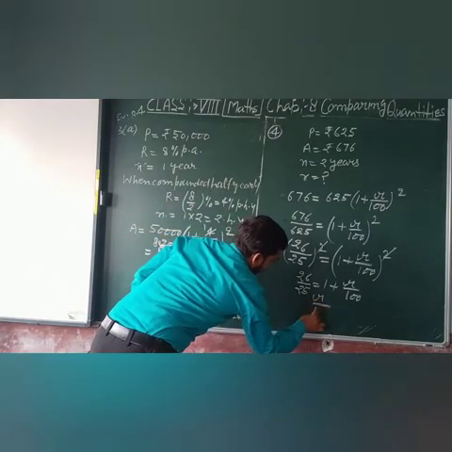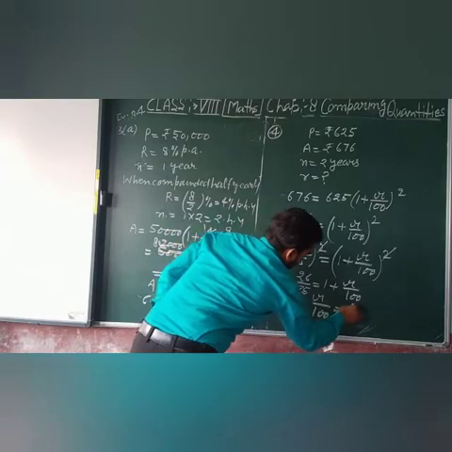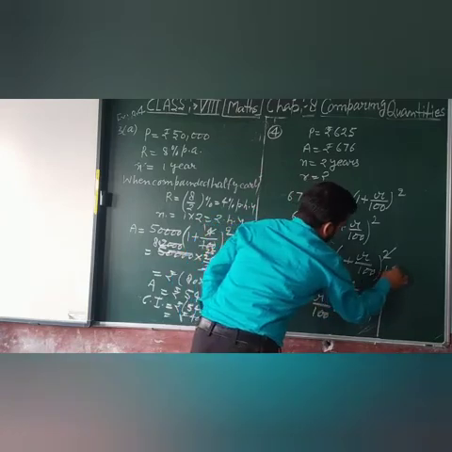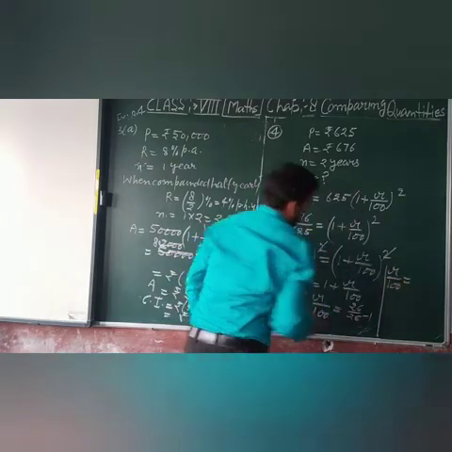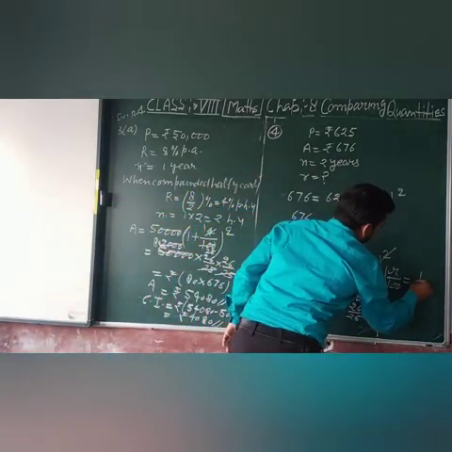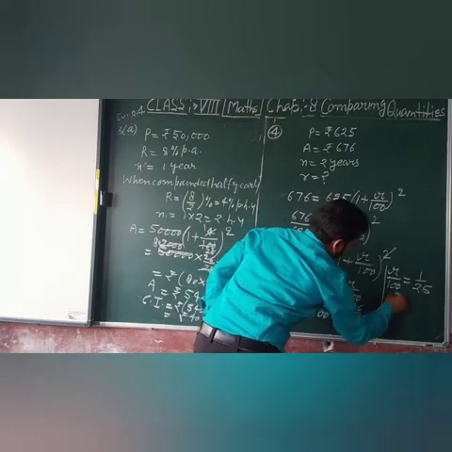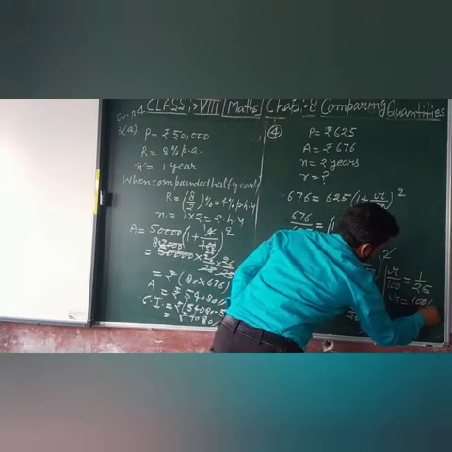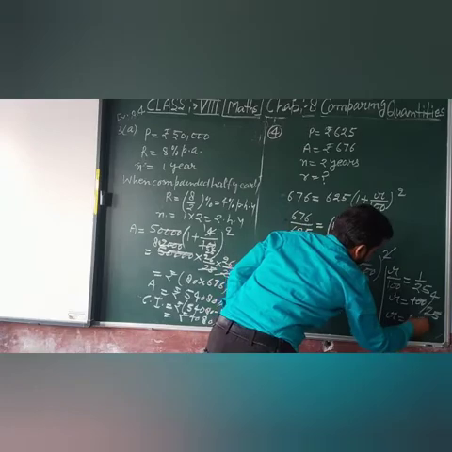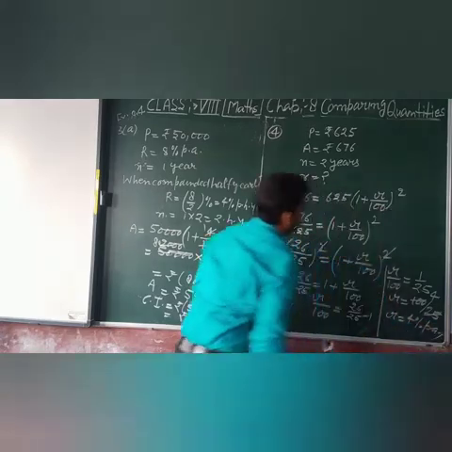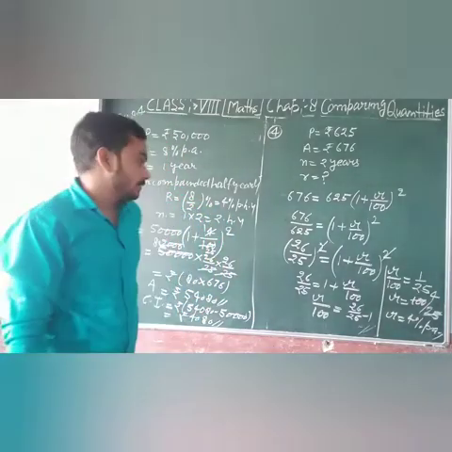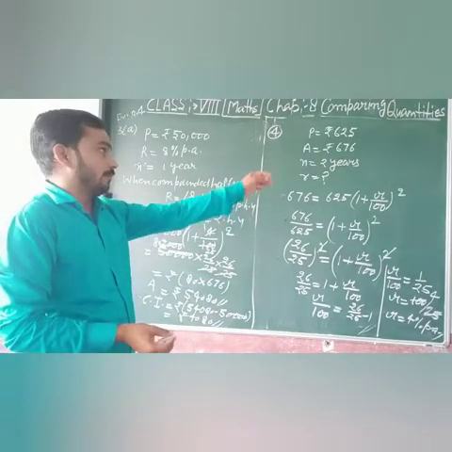So R upon 100 equal 26 upon 25 minus 1. So R upon 100, 26 upon 25 minus 1, it is equals to 1 upon 25. So R equal 100 upon 25. 25 4 100. So R equal 4% per annum. So rate is 4% per annum. At what rate percent per annum? So rate of interest is 4% per annum for this question.